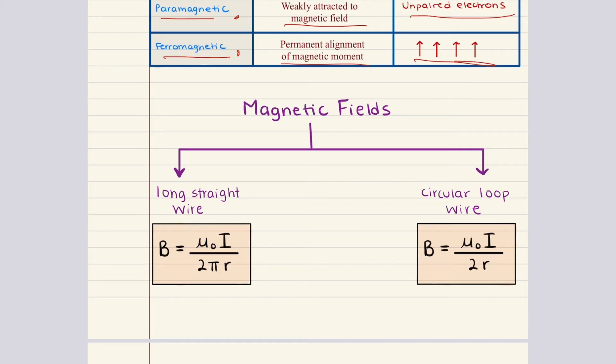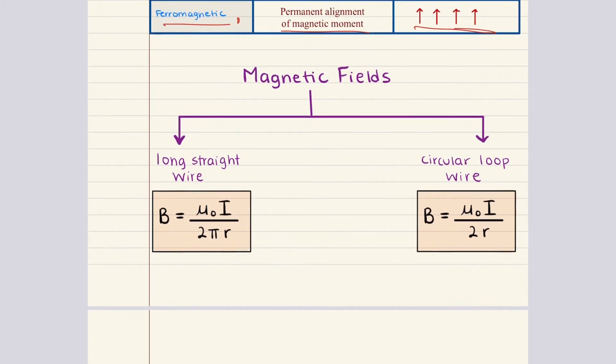Now, we've discussed the types of magnetic materials. Let's move on to how magnetic fields are generated by current carrying wires. And we're going to start by discussing long, straight wires. A magnetic field is created around a long, straight wire when a current flows through it. The strength of the magnetic field at a distance r from the wire is given by this equation here.